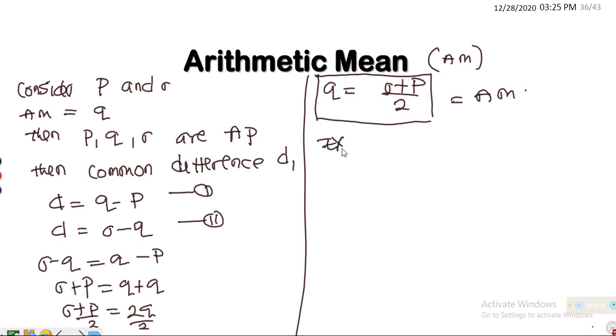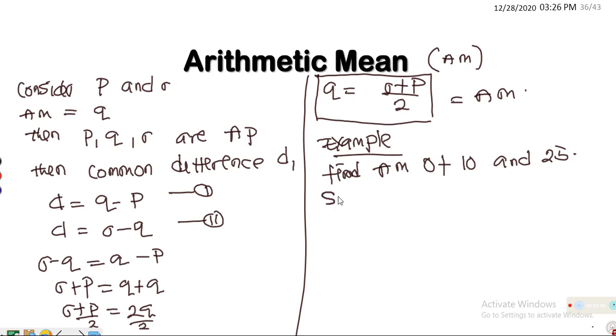So let's consider this example. Find the arithmetic mean of 10 and 25.